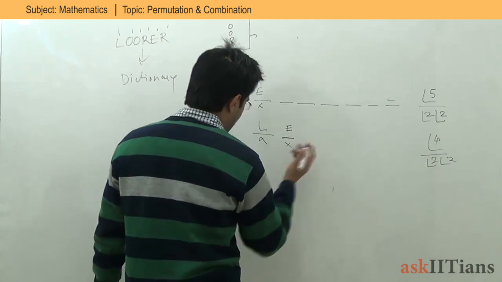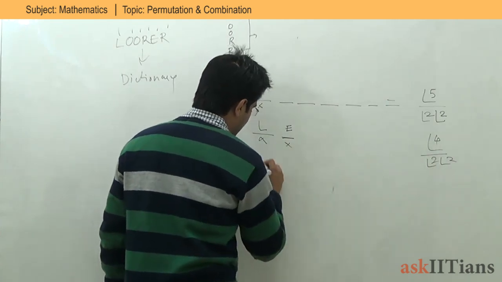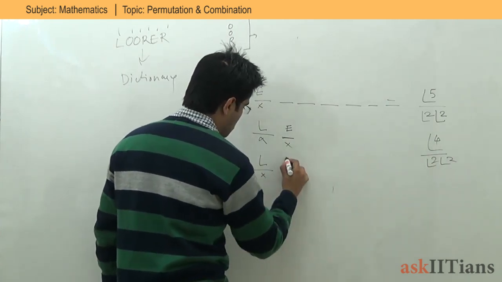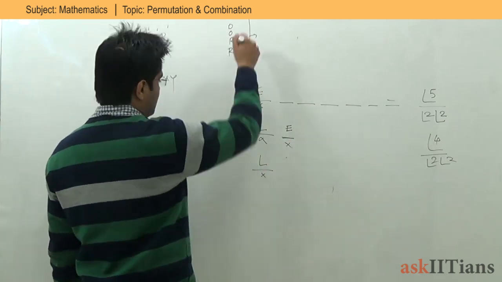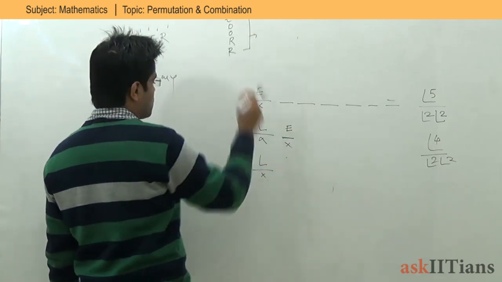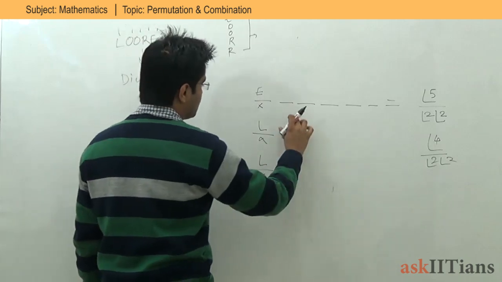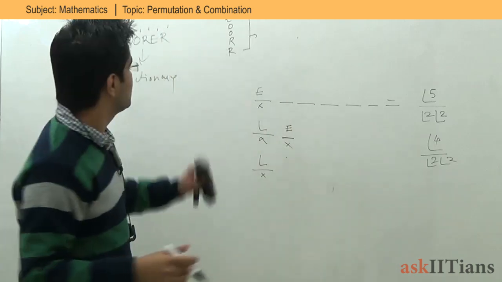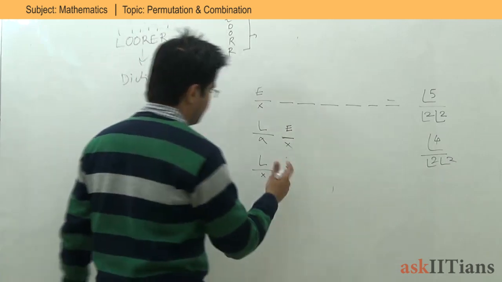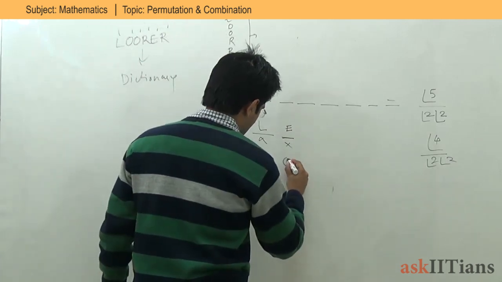Okay, so we'll again move on to another letter. We have L fixed. Now after L, here it is E. We have already counted the words with E. Now the next alphabet that will come in the dictionary after E is O. Okay, so we'll fix it as O.